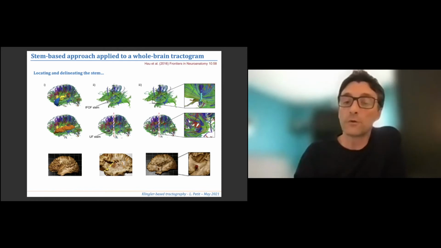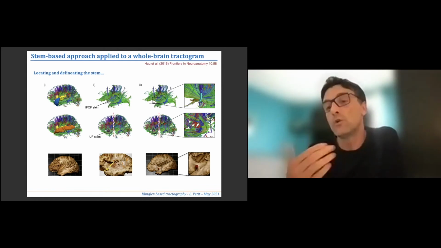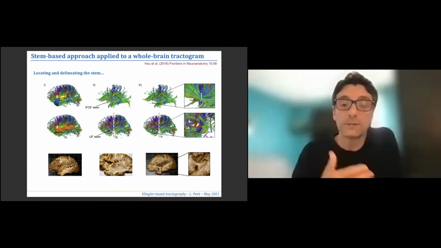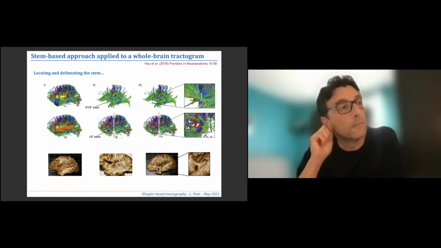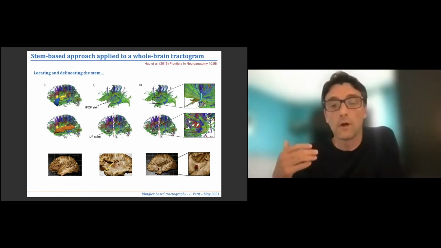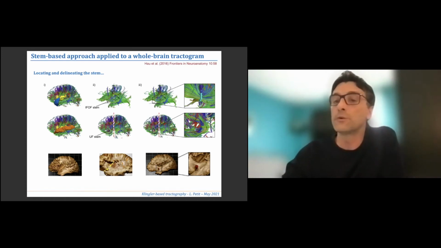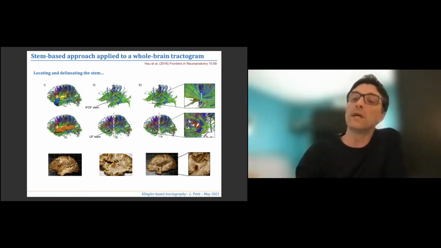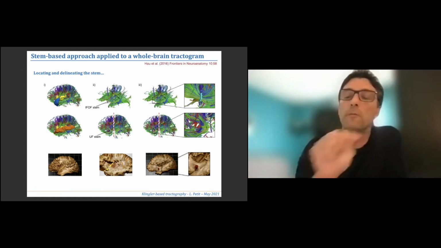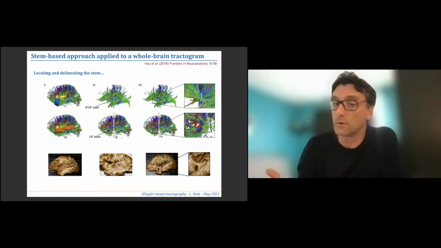What is important is that if you lose some white matter fibers or some cortical aspects of the brain during the dissection, here you can keep your ROI and go back to the whole brain tractogram from the beginning, because it's virtual dissection.